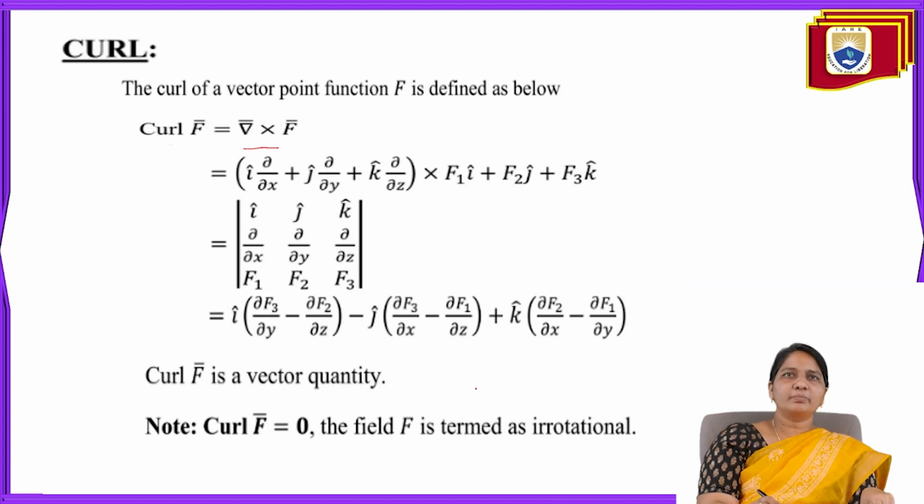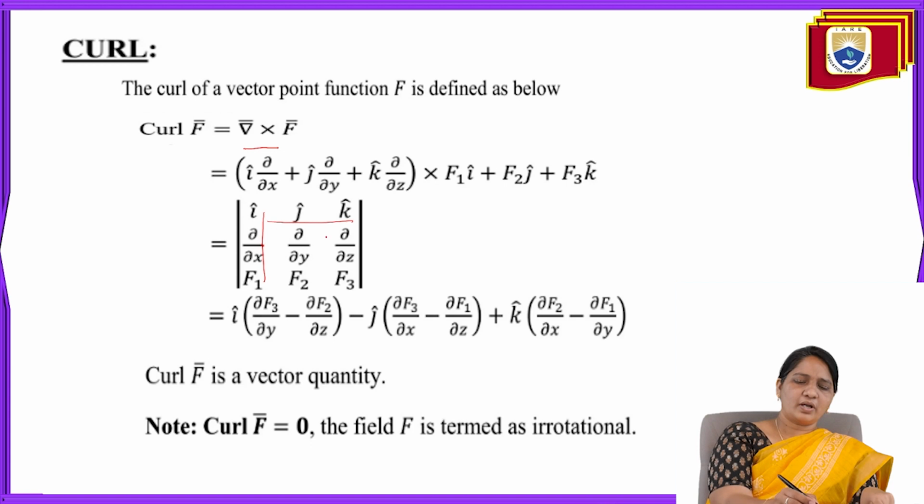Del cross f bar means we are going to compute the determinant here. With respect to i, we write dou f3 by dou y minus dou f2 by dou z. In the same way, minus j, dou f3 by dou x minus dou f1 by dou z.